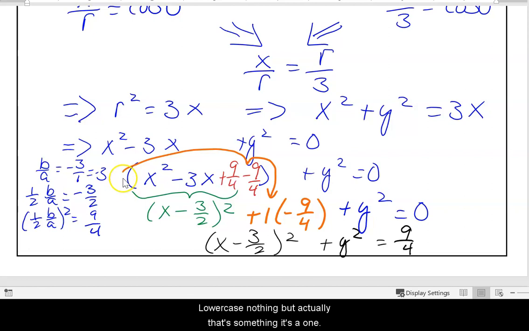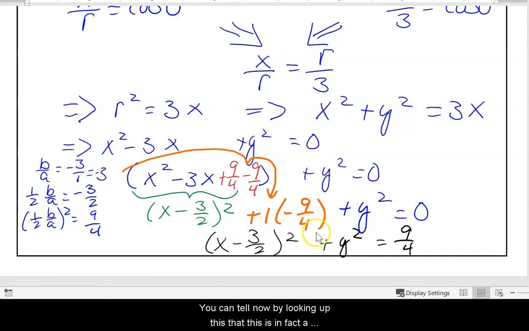In our case, nothing, but actually that's something. It's a 1. 1 times the -9 over 4 makes it negative on the left, but if we move it to the right, it becomes positive 9 over 4. You'll see at the bottom in black the form for the circle. The center is at 3/2, 0. The radius is the square root of the constant on the right, or 3/2.